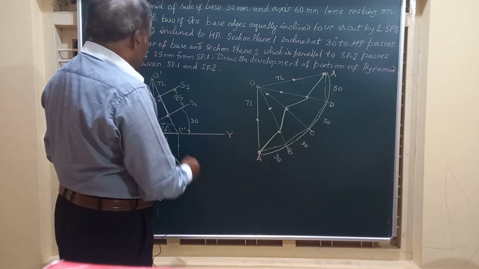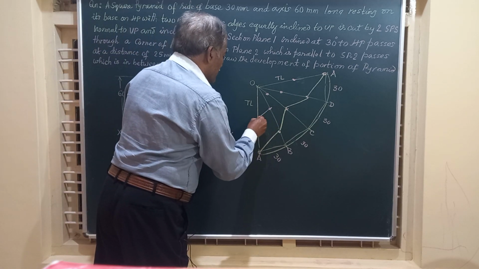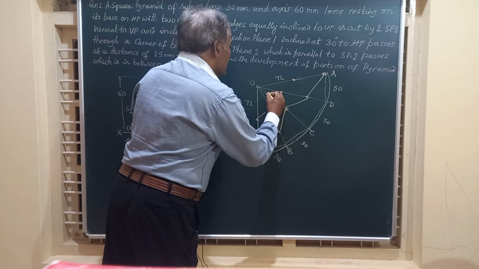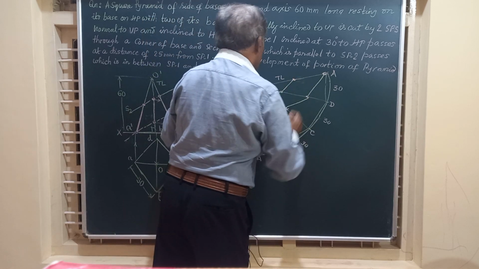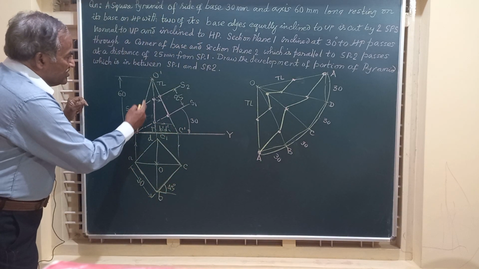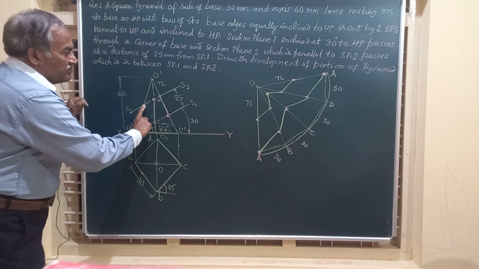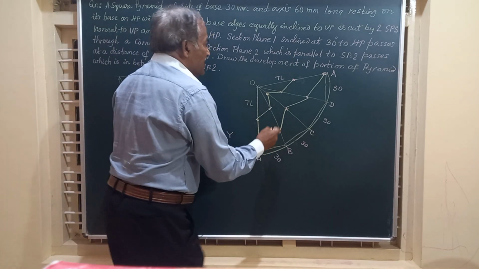Similarly, for the section plane 2 2, we obtain the points and join them by straight lines. This is how the development looks. On OA, the bottom portion is retained, so I have to show it by full line.